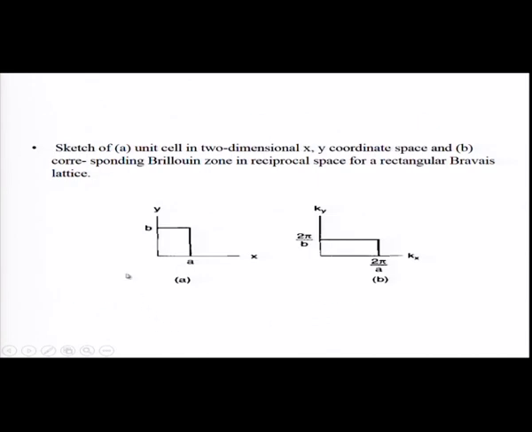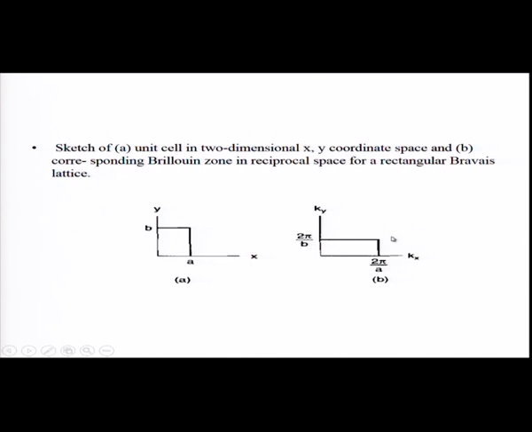So, this is the schematic sketch. The first diagram shows a unit cell in 2 dimensions with x and y coordinate space, and the second diagram shows the Brillouin zone in reciprocal space for a rectangular Bravais lattice.